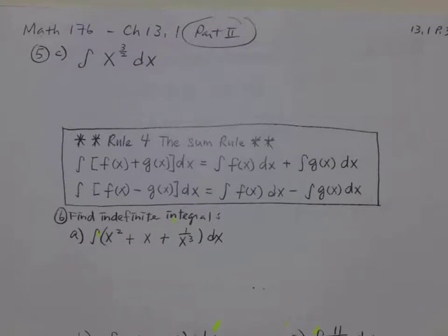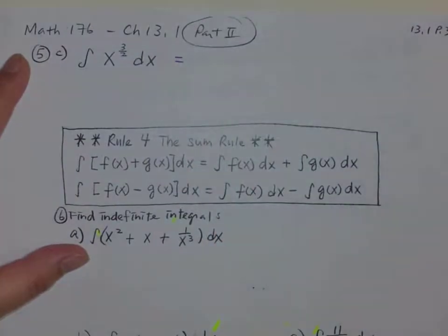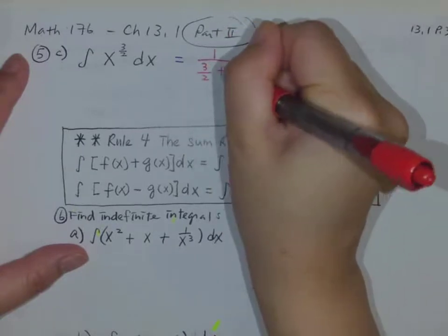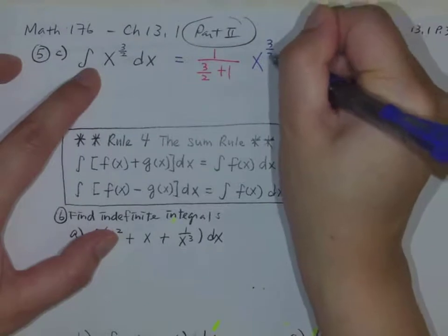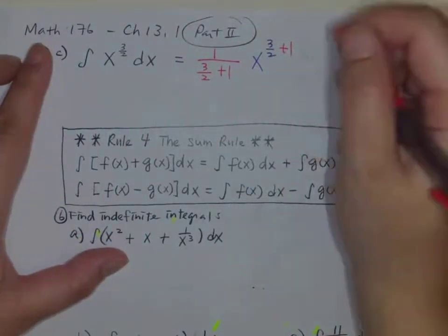So let's see. First, we are going to have 1 over whatever the power is, need to add 1, right? And then x, we have 3/2, also need to add 1. Alright, and don't forget we need to add c.